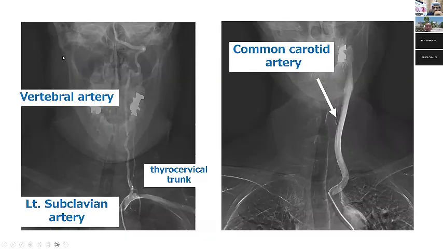Then after that, we check the left side. The left subclavian artery is here, and the origin of the left vertebral artery is coming from here, and you can see the thyrocervical trunk just distal to the origin of the vertebral artery. Also, you can see the course of the left side common carotid artery like this.